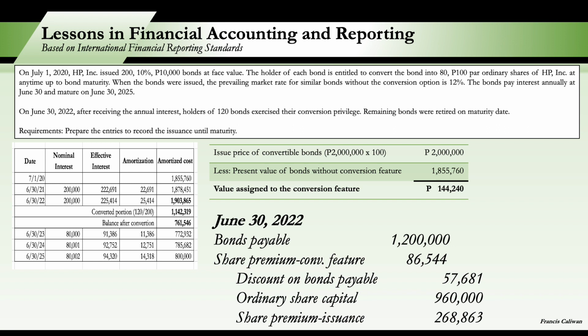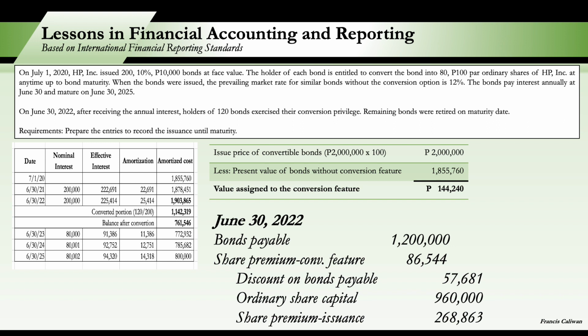By that entry, debit to bonds payable and credit discount on bonds payable, the carrying value of 1,142,319 was cancelled. Next, debit to the share premium conversion feature account for 86,544. That is 120 over 200, or 60%, of our initial amount of 144,240. Then credit to the ordinary share capital account because we will issue shares in exchange for the bonds cancelled.